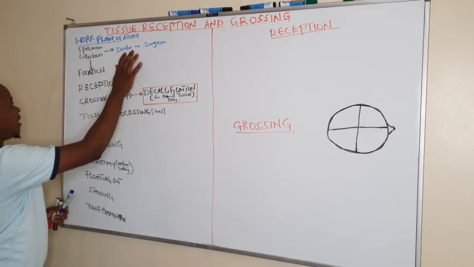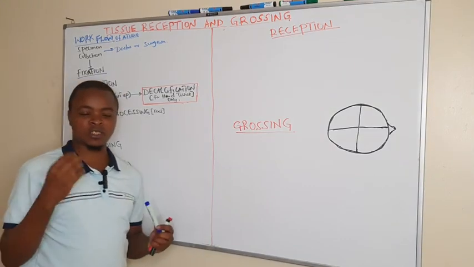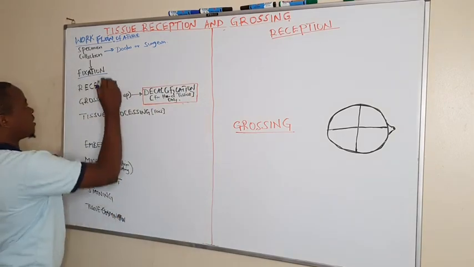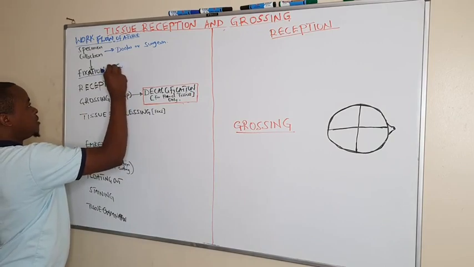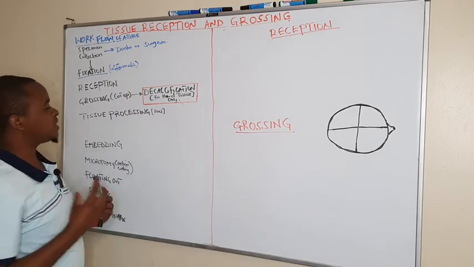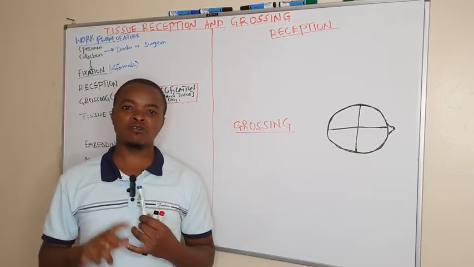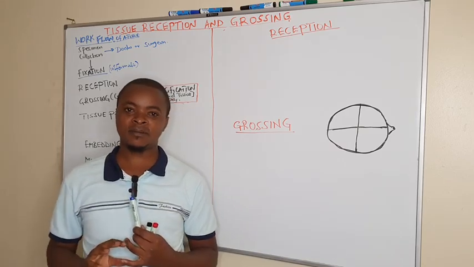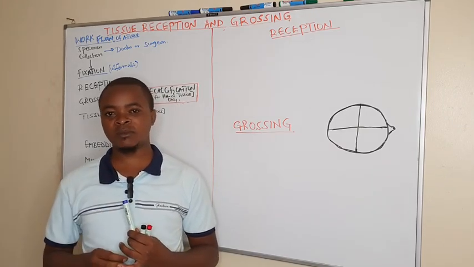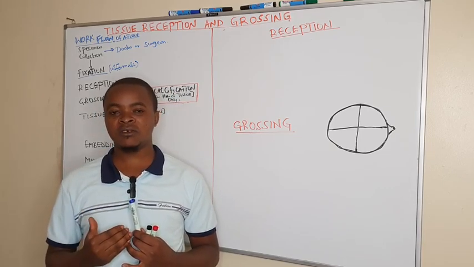After the specimen has been collected, it should be fixed. Here we use different fixatives, as we shall discuss in the series of videos, whereby the most commonly used fixative is 10% formalin. And why do we fix immediately? We want to make sure the tissue which has been collected remains in its lifelike state, or to prevent damage, either by autolysis, that is by lysosome enzymes in the tissue, or putrefaction, whereby it is by bacterial action on the tissue.